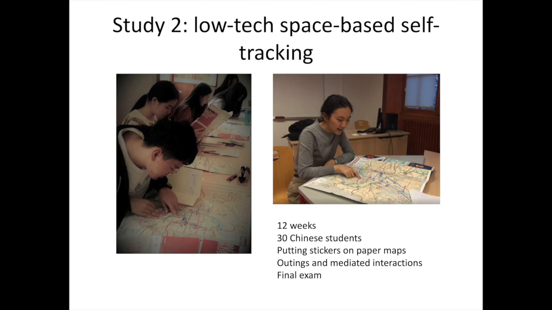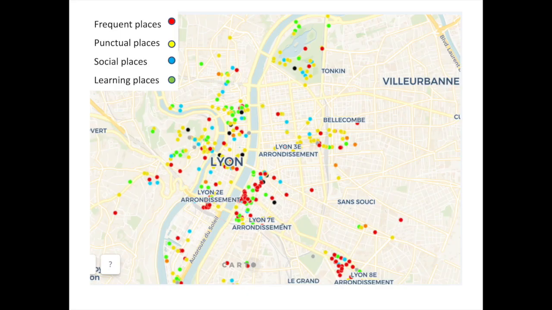So that was interesting. In the final exam we also asked them questions about the different stickers they put on the map. The results have just been produced by colleagues in Lyon, geographers, and we're starting something, and that tells us about places.